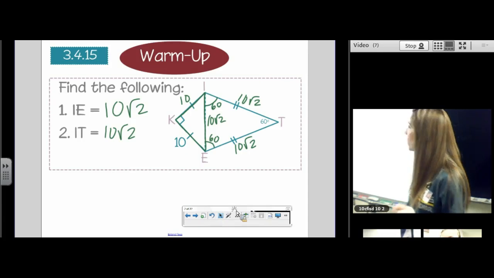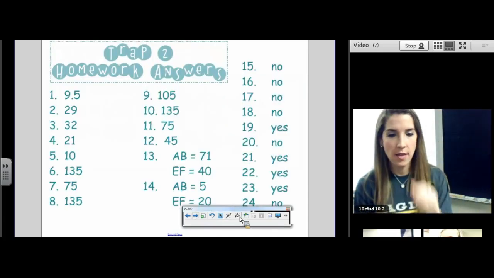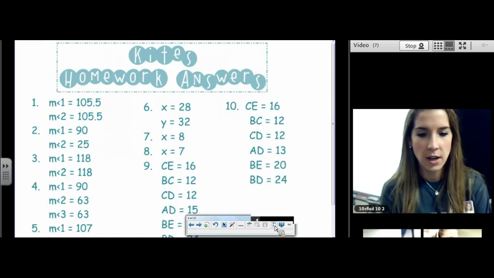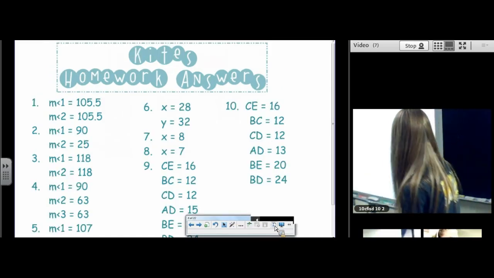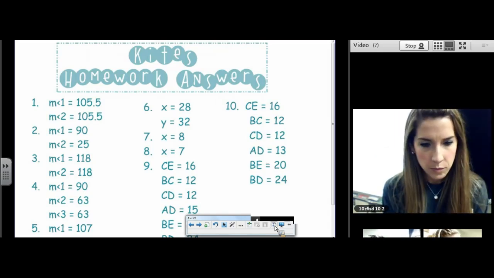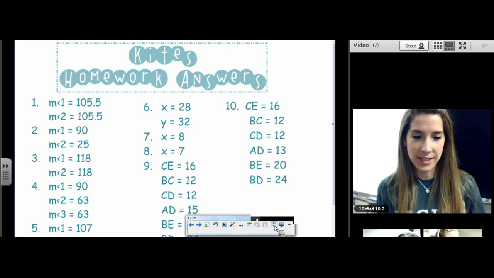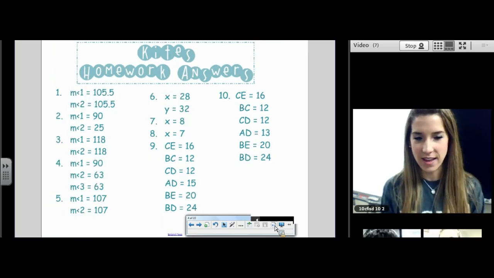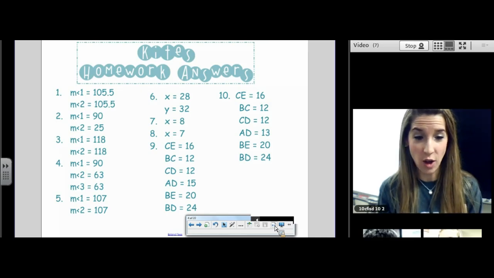One side of the homework was called trapezoids 2, and the other side was called kites. So go ahead and look at these answers. Here's the kite side. Yes, on the trapezoid side, there were a few problems asking about kites, but you didn't have to solve anything. You would need to do the kite side to solve some kite problems.